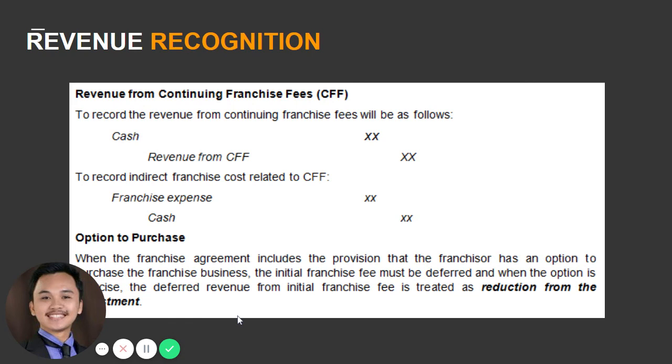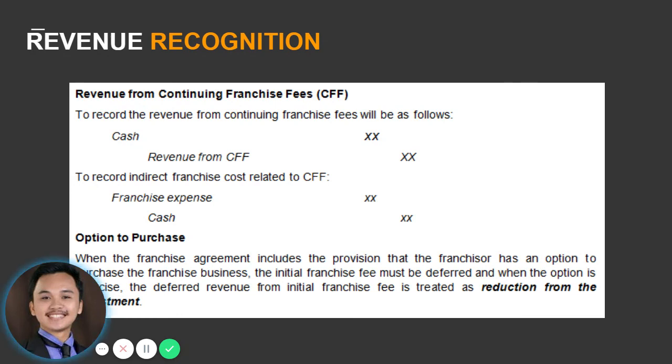Okay guys, when there is an option to purchase, when the franchisor has the option to purchase the business nga naa kay franchisee, so palito ni franchisor ang naa kay franchisee, okay? That means, if the option granted at the time of franchise agreement is signed, the initial franchise fee is to be deferred.